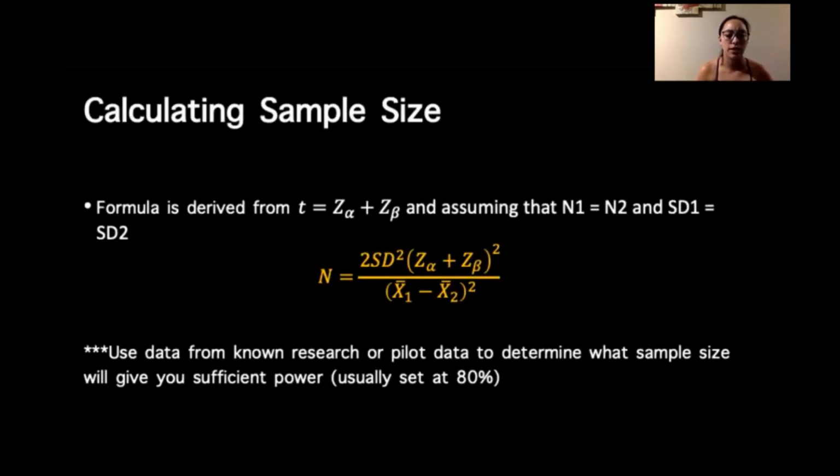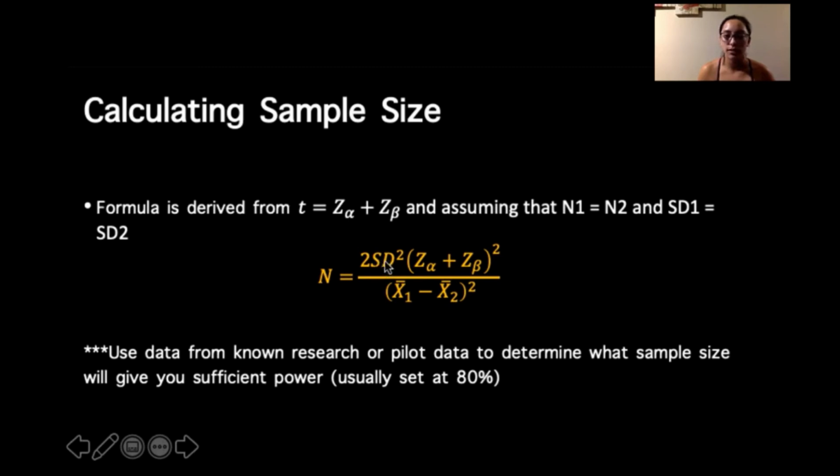Using that information on what affects sample size, we can actually look at the formula that we use to figure out sample size. Usually we're going to use this when we are looking at the difference between two sample means, which is why I have two sample means here in the denominator. You can see we use a variation or a standard deviation.